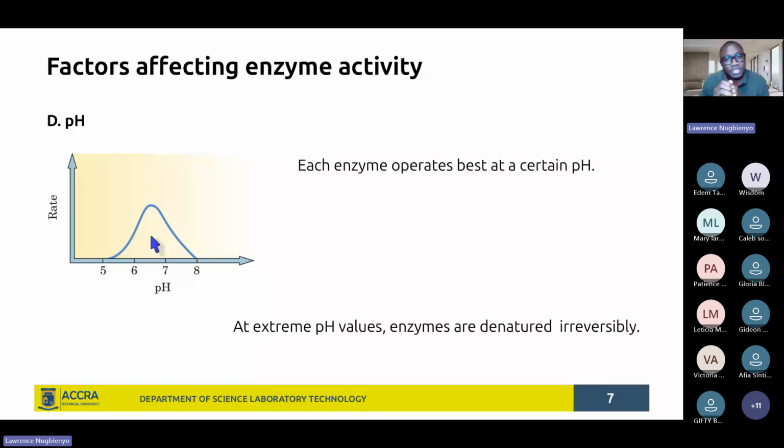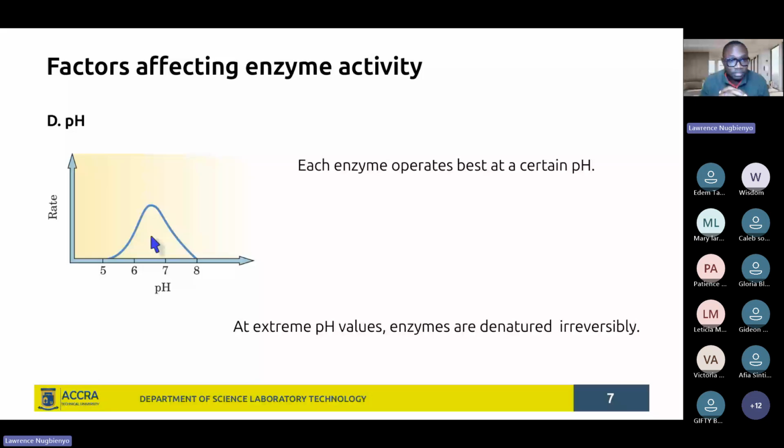So, for instance, if you take alpha amylase in the mouth, we have this salivary amylase in the buccal cavity that acts on carbohydrates. And in the mouth, pH levels are somewhere around neutral, slightly basic.